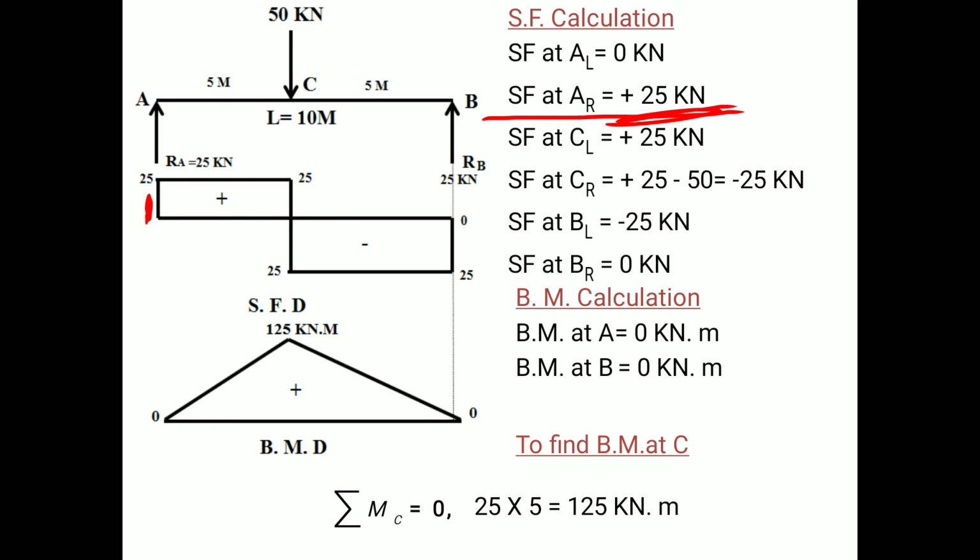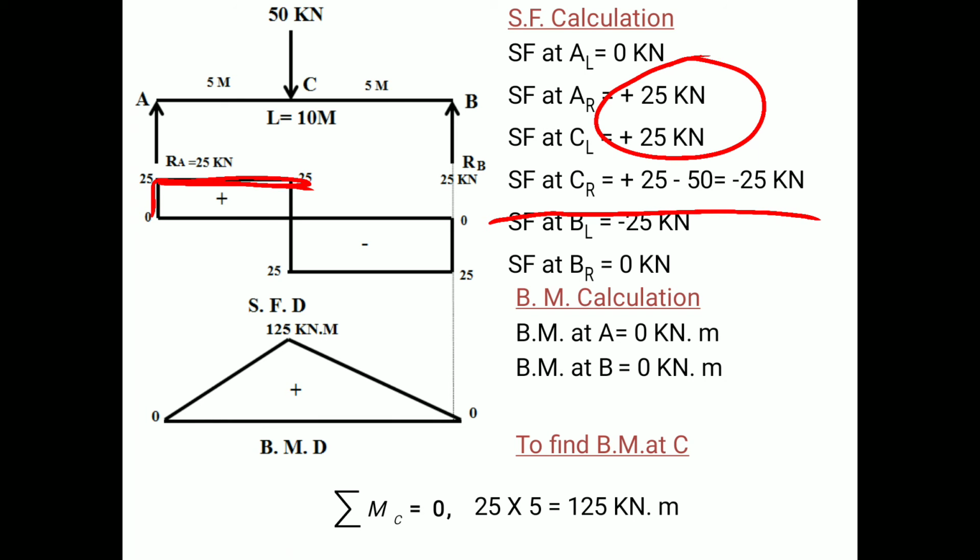So this is the 25 kilonewton. Next one, we have shear force at left of C equal to 25 kilonewton. Now if you observe, from right of A to the left of C there is no change in the shear force diagram. So from this point to this point, the shear force will remain as it is. Now we have shear force at right of C equal to minus 25 kilonewton.